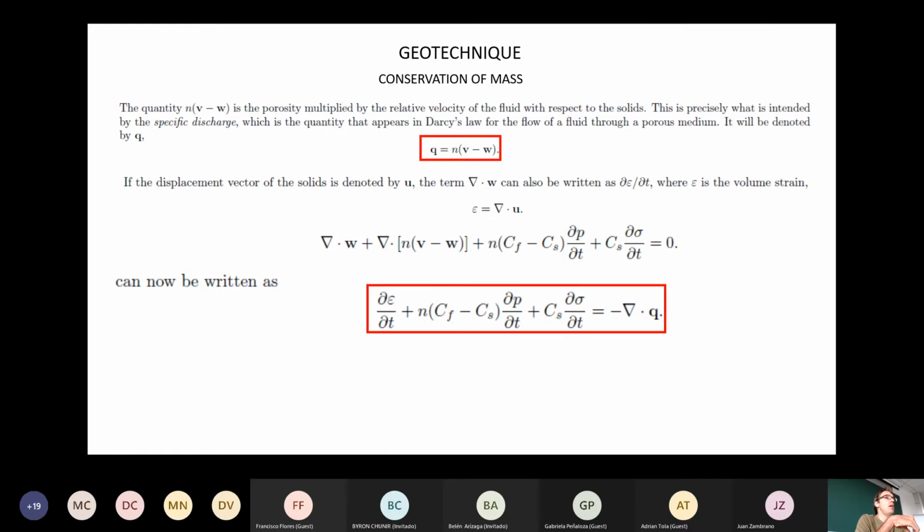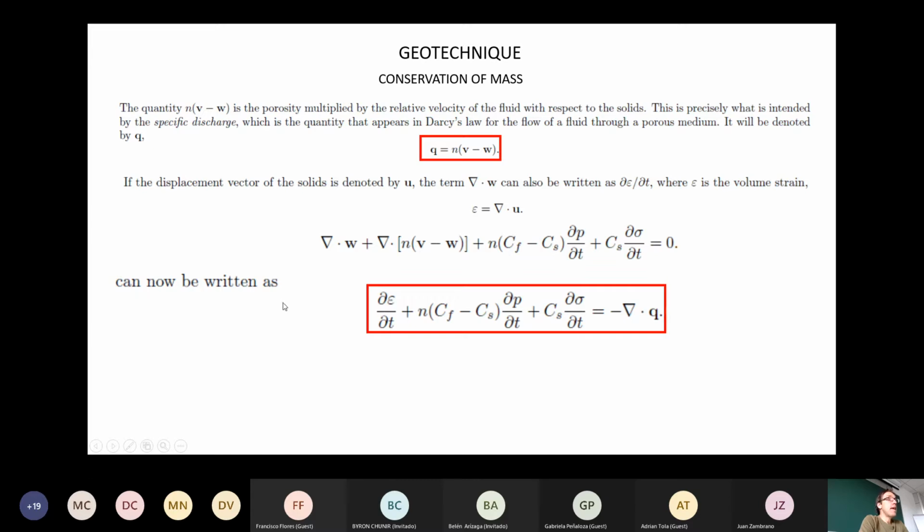as happens in mechanical engineering, civil engineering, structural engineering. So the epsilon is the gradient of the displacement. We can rewrite everything in this way. So we can have the delta epsilon with respect to delta t, plus the flux multiplied per delta P over delta t, plus this that depends on the compressibility of the soil, equal to the flux.